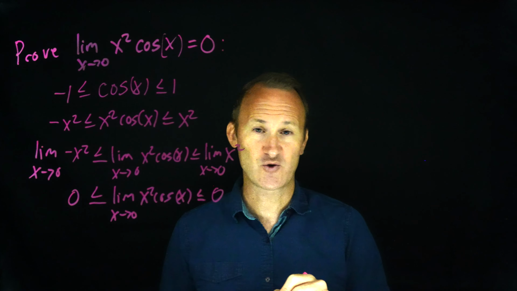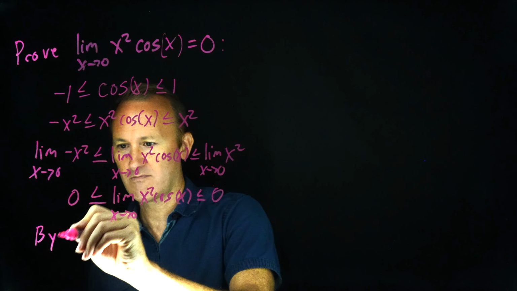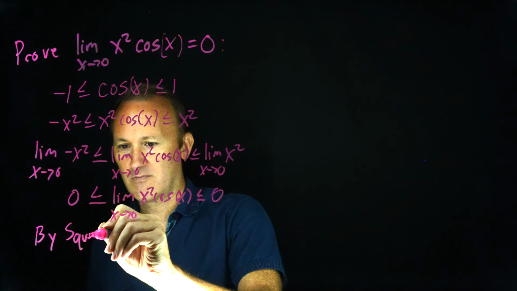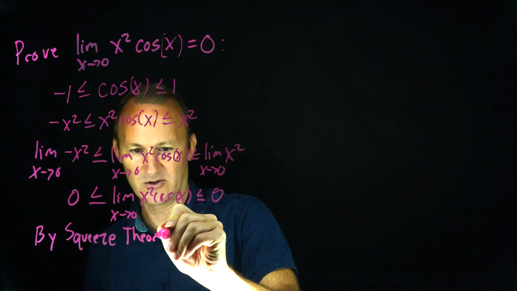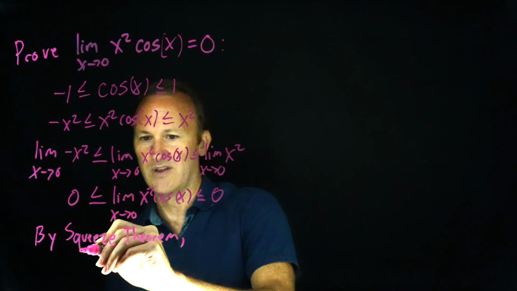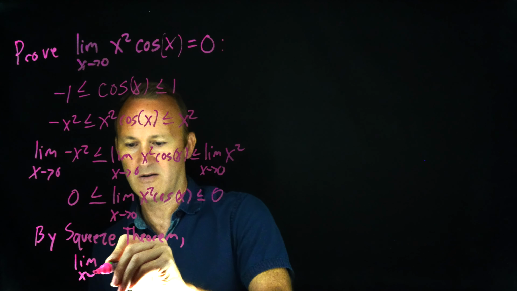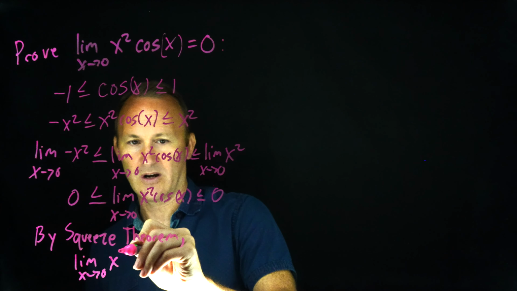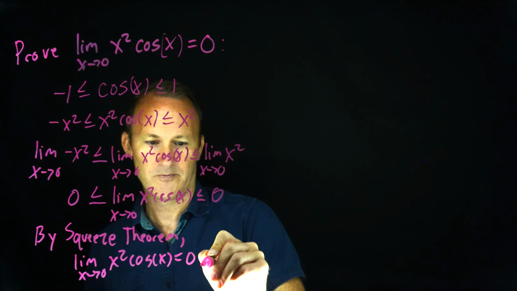So by the squeeze theorem, we call it the squeeze because you're squeezing it in between two other limits, you can conclude that the limit as x goes to 0 of x squared cosine x is in fact 0.